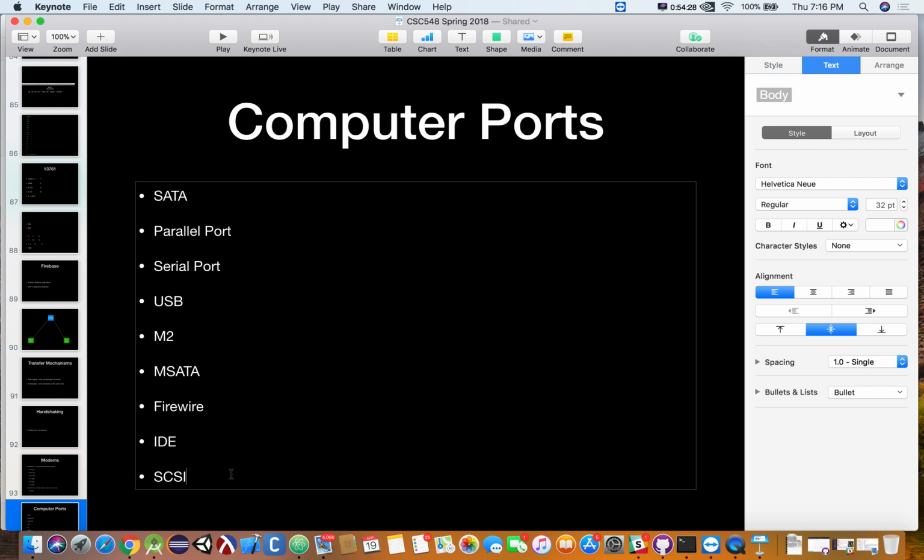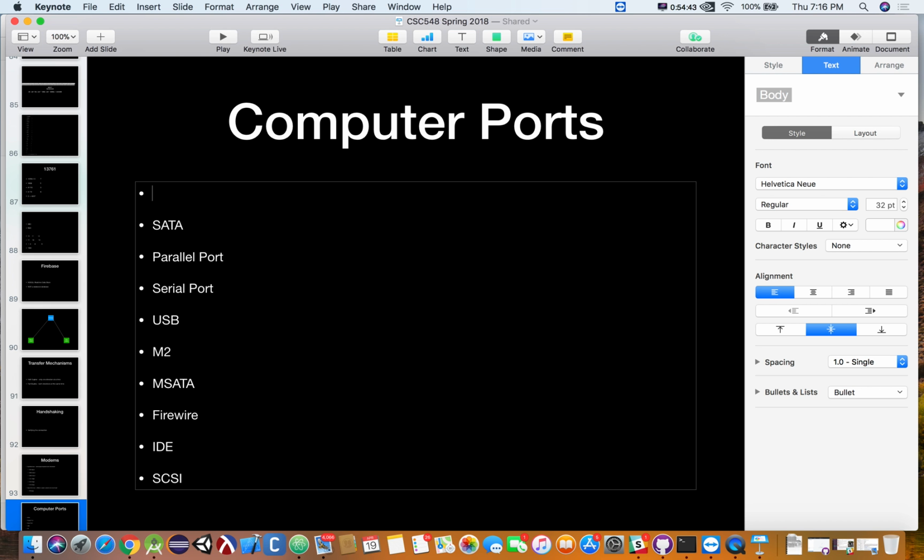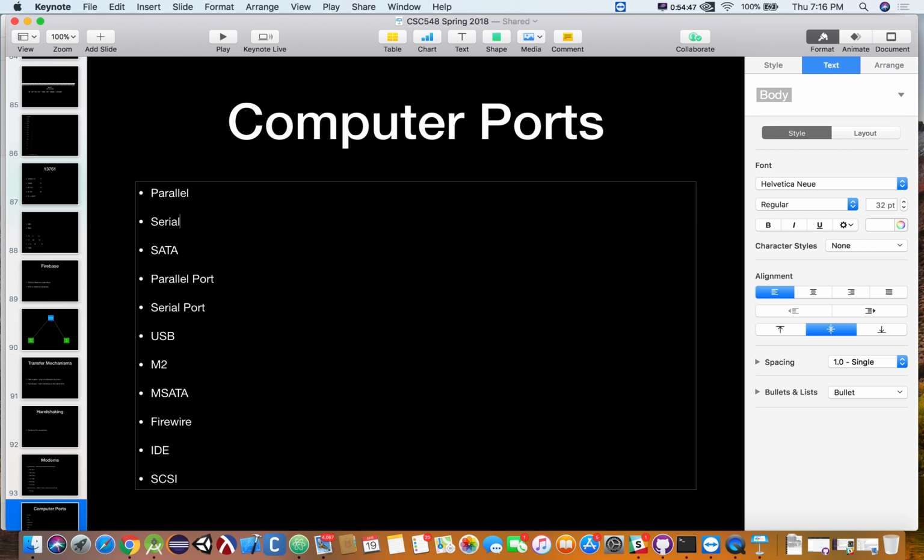But again, for us, we don't necessarily care about all these different technologies. We care about which category these technologies fall into: parallel versus serial. So we're going to create two categories, parallel and serial.